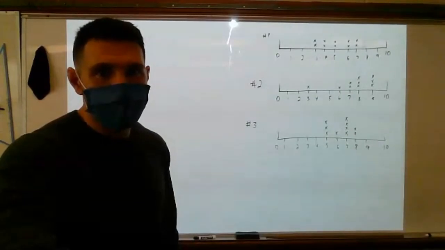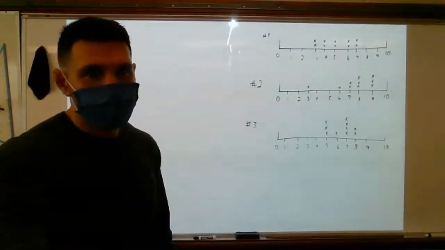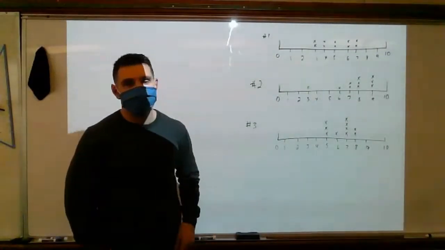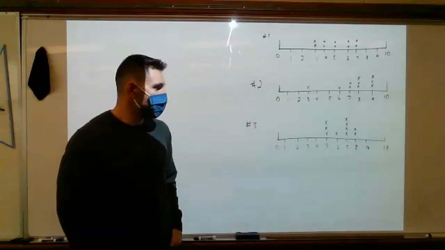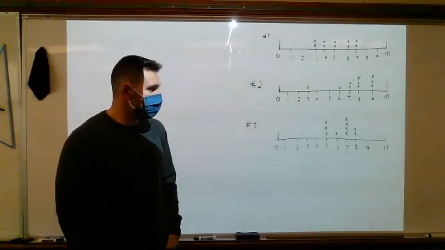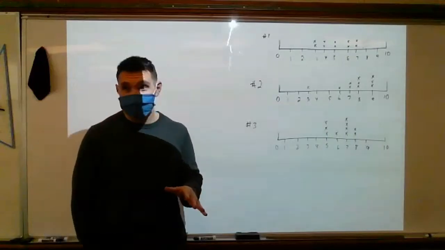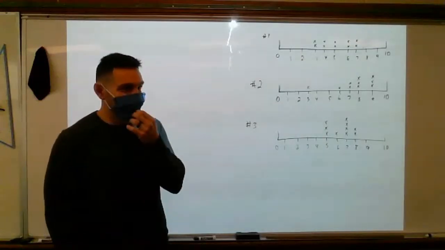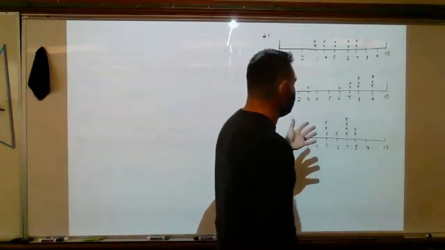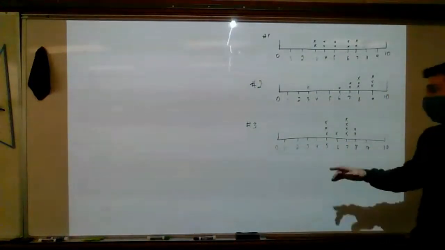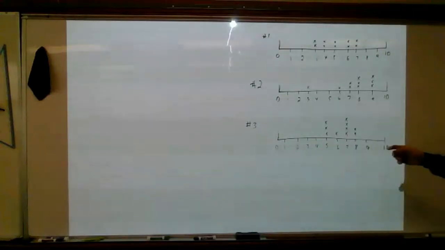Jordan, which one do you think has the most variability? Number 3. Okay, why do you think number 3 has the most variability? Because it's even. Okay, so that answer is wrong. I appreciate your willingness, Jordan. That's the only one that's not possible. You'd have to give me a really great explanation.